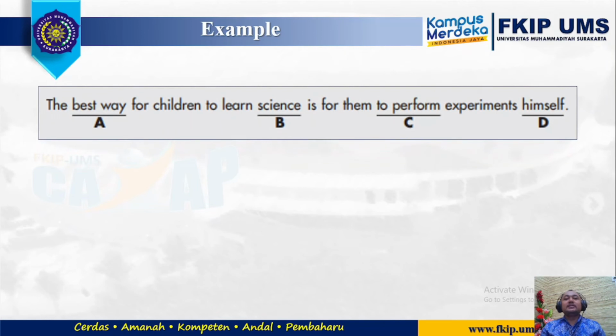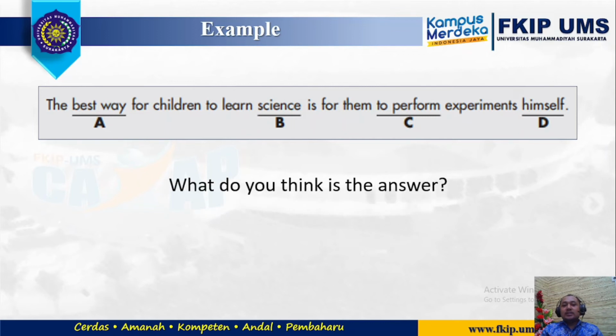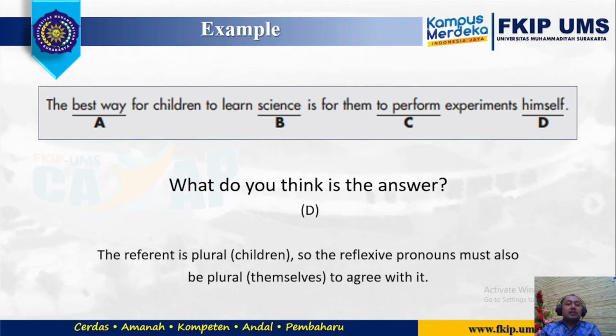How about this one? The best way for children to learn science is for them to perform experiment himself. Can you see that? What do you think is the answer? That's right. My question is why. The answer is D, right? Because of himself. This is the explanation: the referent is plural, children.